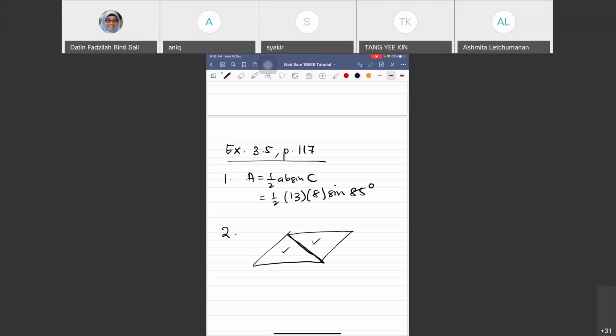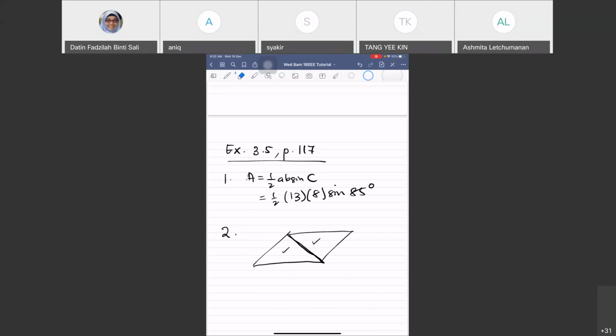So how do we find the area of a parallelogram? Anyone? If you look at the diagram there, either I draw like this or the diagram in the book is given like that, basically it's the same thing.